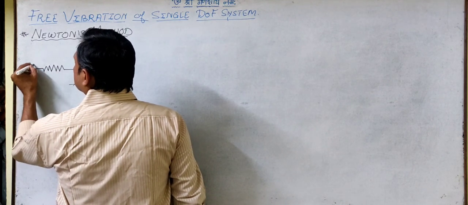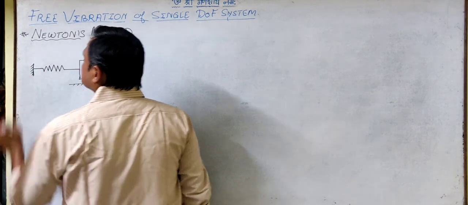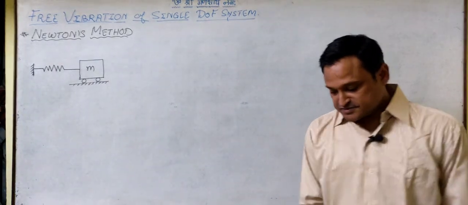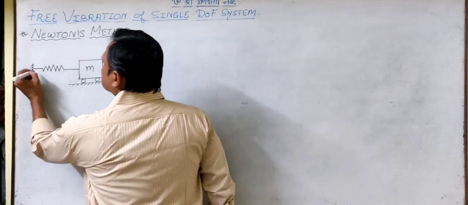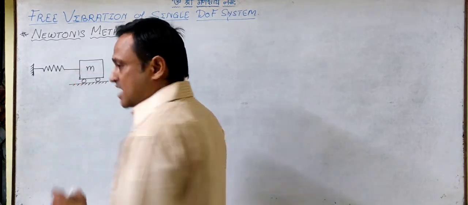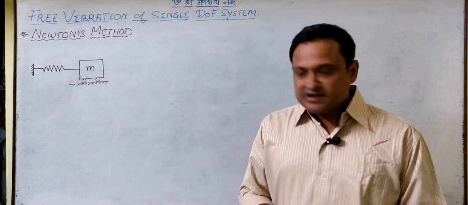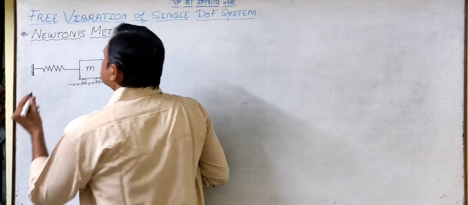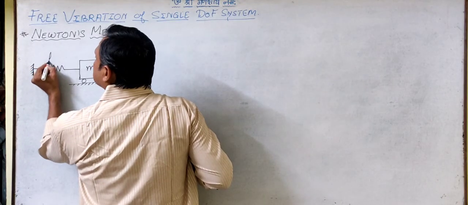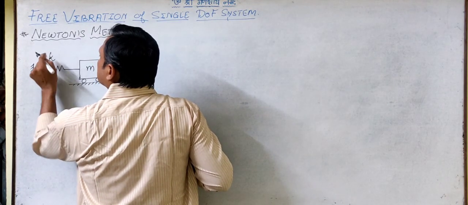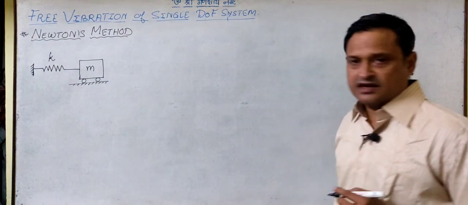By lumping the characteristics or parameters, we have lumped the mass parameter and this as the stiffness. So let us say it has a stiffness of k.